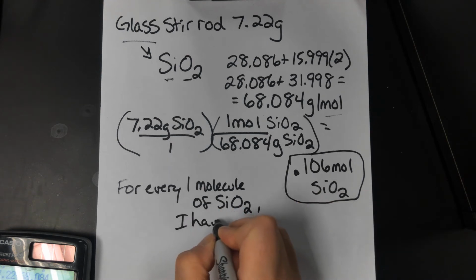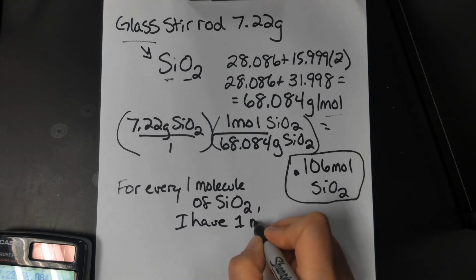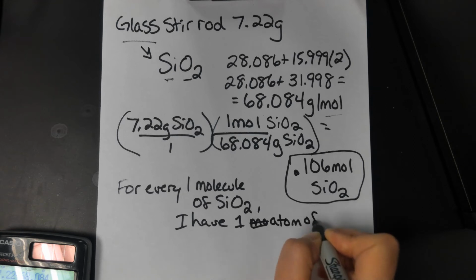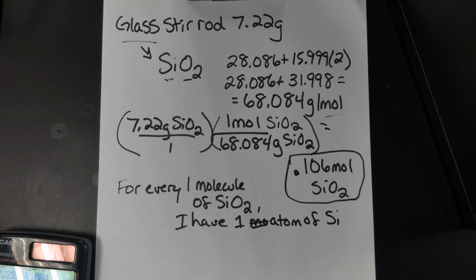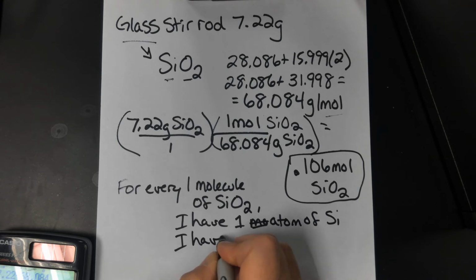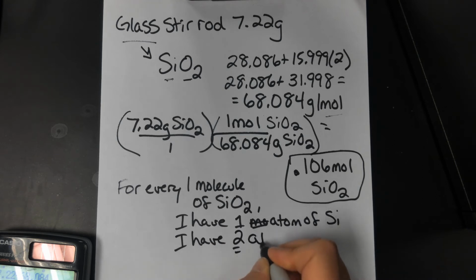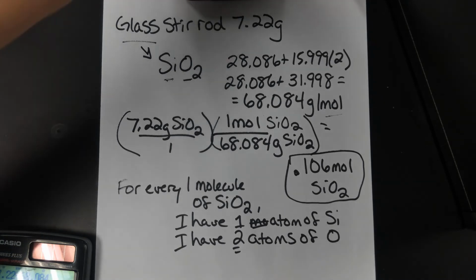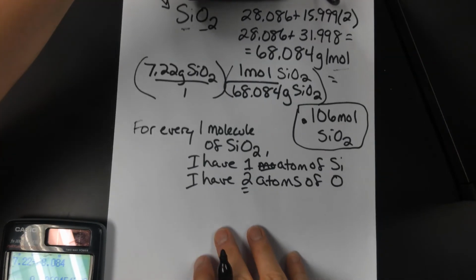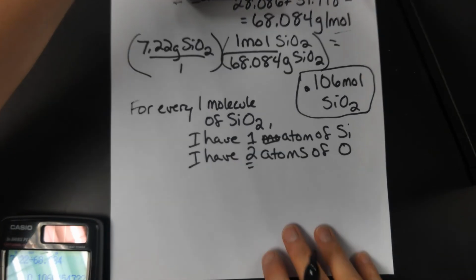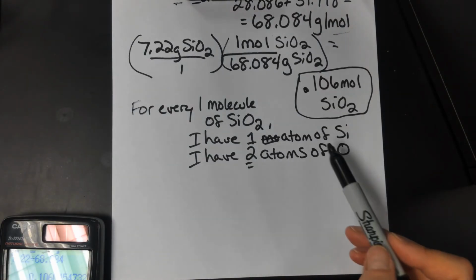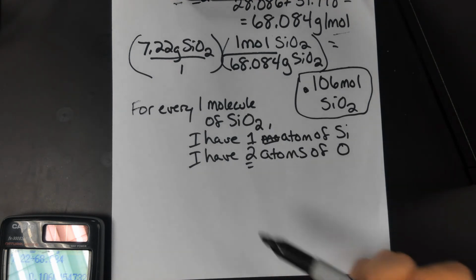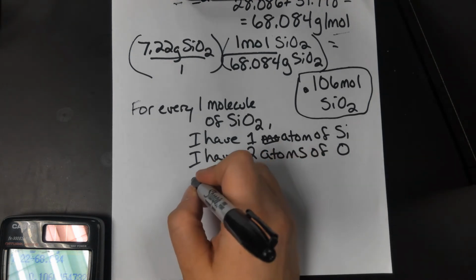I have one atom of silicon, right? And I will have 2 atoms of oxygen. Guys, see how that works with the formula? So if I have 1 atom of silicon, I must have 2 atoms of oxygen. That's the formula. That logic goes the same.